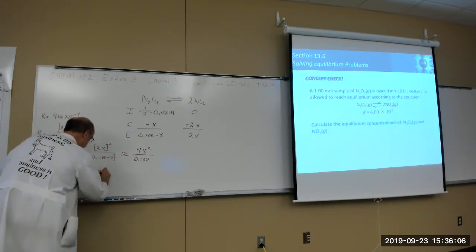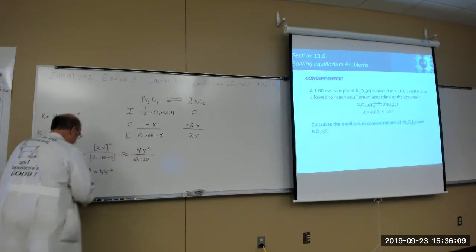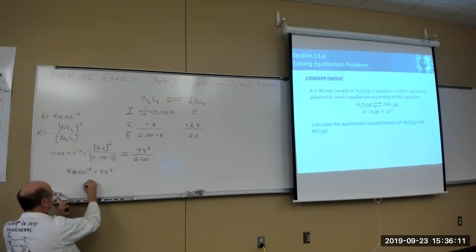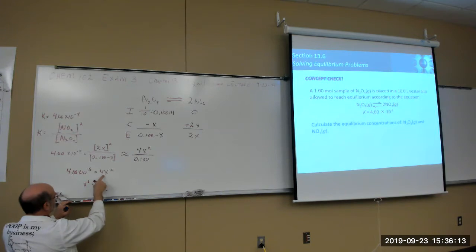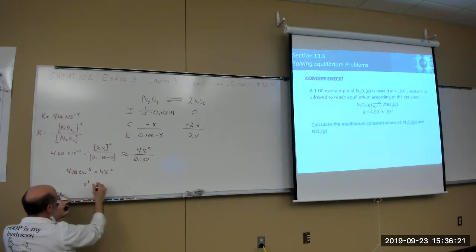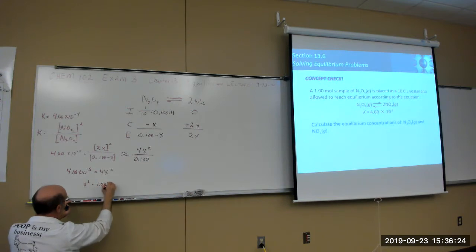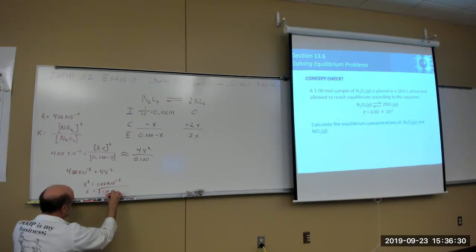And that's equal to 4x squared. Then x squared is equal to this divided by 4. Divide both sides by 4. So x squared is 1.00 times 10 to the minus 5th, and x is equal to the square root of that.